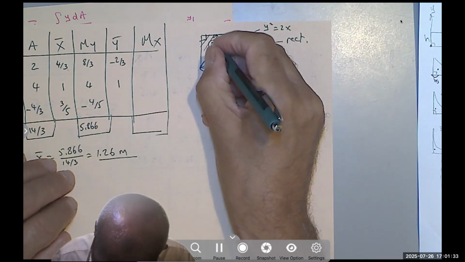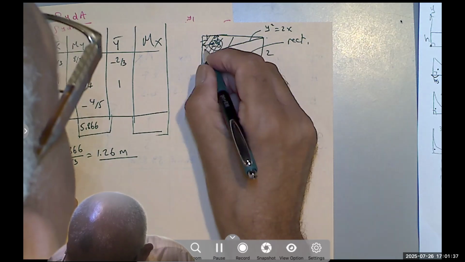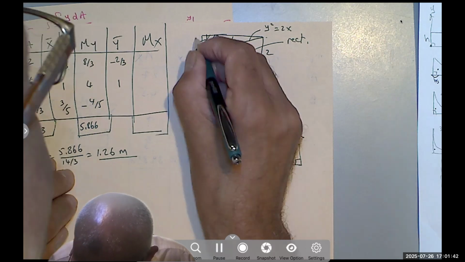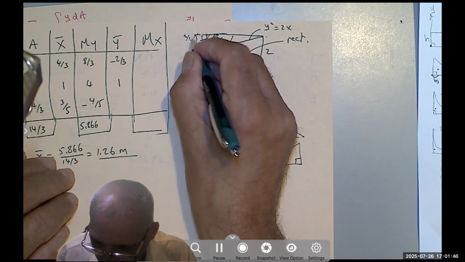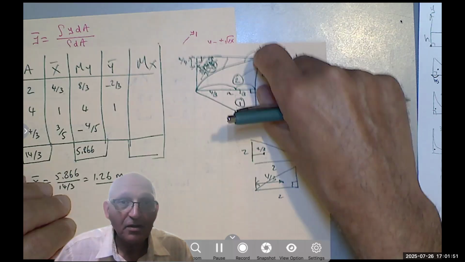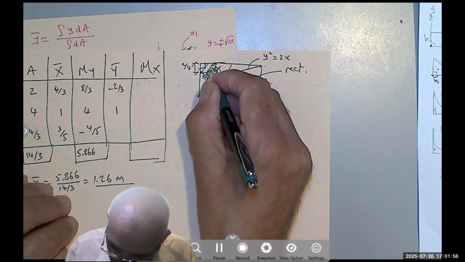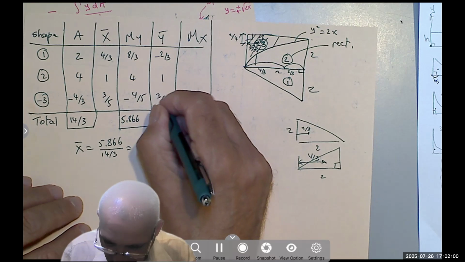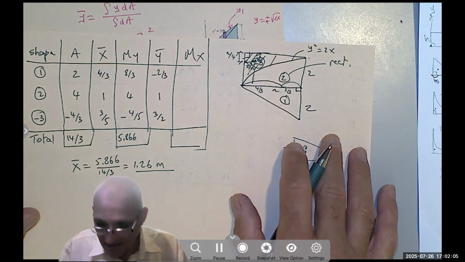Here is the centroid. That distance is 2 times 3/10, and that distance is b over 4, 2 over 4, which is 1/2. But that height is 2. So the y coordinate of this point is 2 minus 1/2, is 3/2. Now let's multiply and find the mx's.